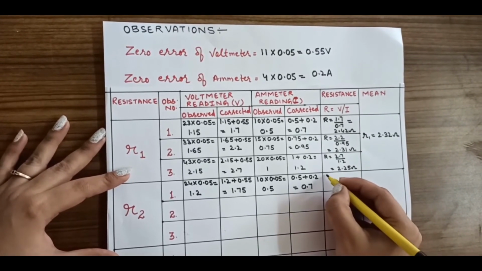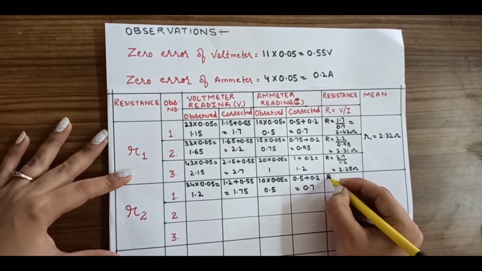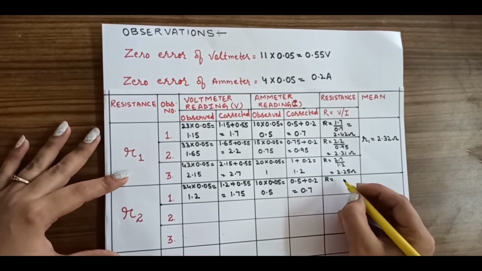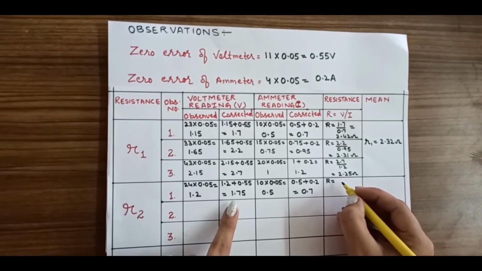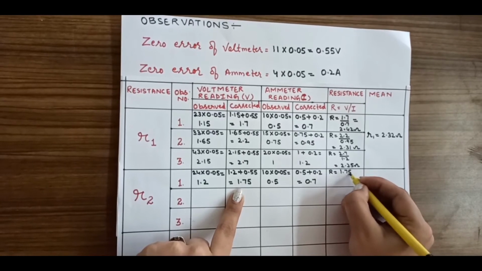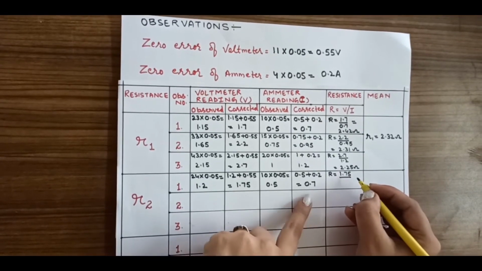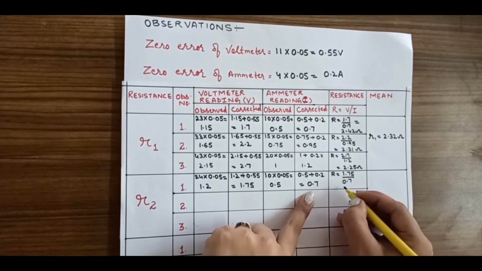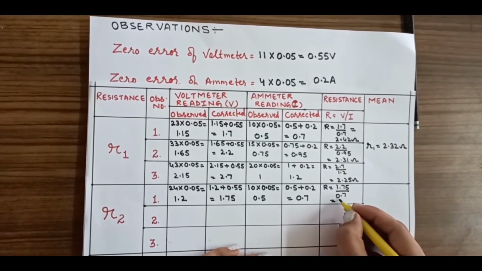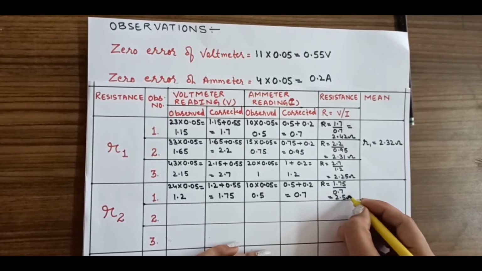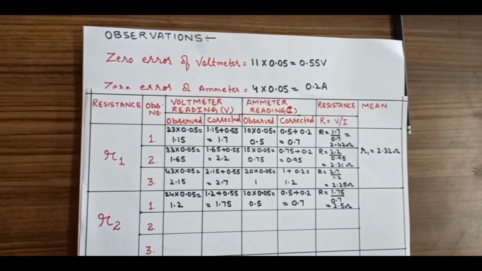Now to find out the resistance for the first observation, we will use the formula R equals V upon I. Our voltmeter reading is 1.75 volt divided by the current reading, that is 0.7 ampere, and it is equal to 2.5 ohms.